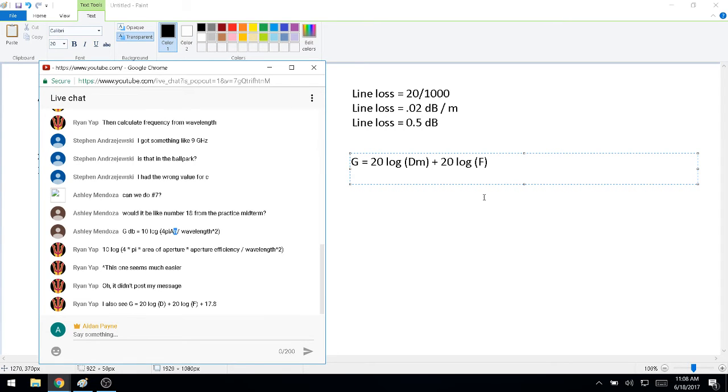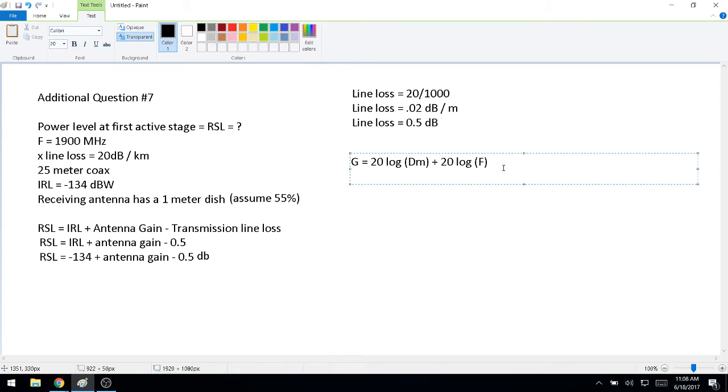I just need to figure out why my math was off on that one. And so we'll just do this one for now to get an answer written down. But then we'll go back over and figure out why the other answer was not working out. At least for me. It's possible that other people had it working well. And so this is basically the shortcut formula for when you have parabolic gain and a frequency. It's important to note that this frequency has to be in gigahertz and that has to be in meters.